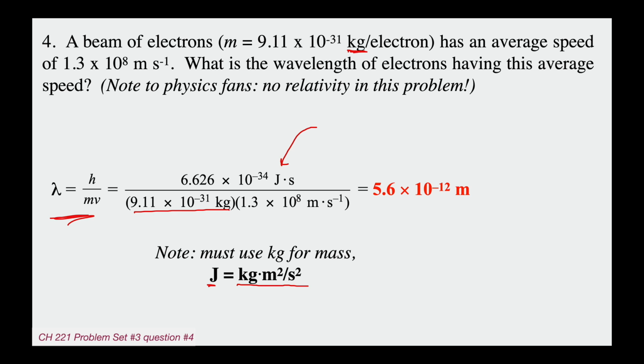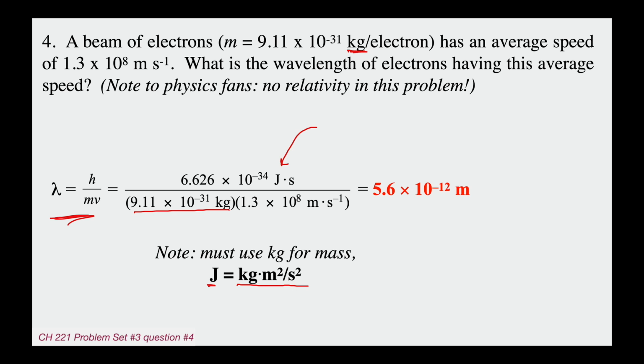This is one of the times you have to use kilograms in chemistry. Most of the time we just use grams, but here definitely make sure you use kilograms. But anyway, the de Broglie wave equation: Planck's constant on the top, mass of the object in kilograms on the bottom, times the velocity, not frequency, the velocity that the particle is traveling, 1.3 times 10 to the 8th, and you get that very small 5.6 times 10 to the minus 12 meters.